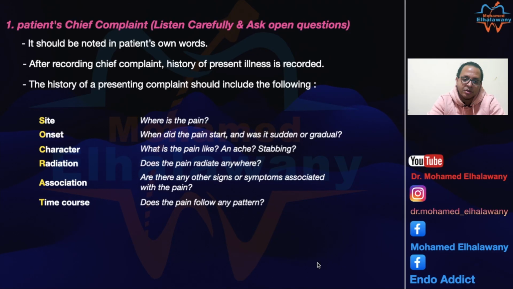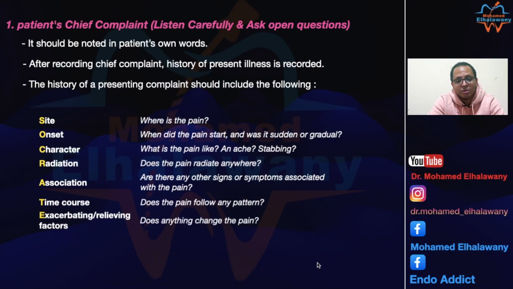Another point: exacerbating and relieving factors. This provides strong clues about the underlying dental condition. Exacerbating factors: what increases the pain? Cold makes the pain worse, such as in reversible pulpitis or exposed dentine. Heat worsens the pain, indicating irreversible pulpitis.